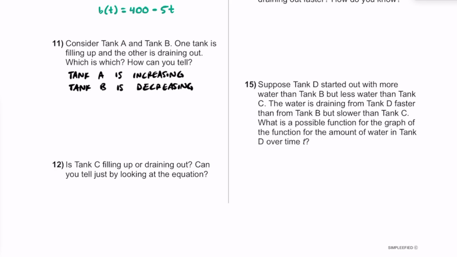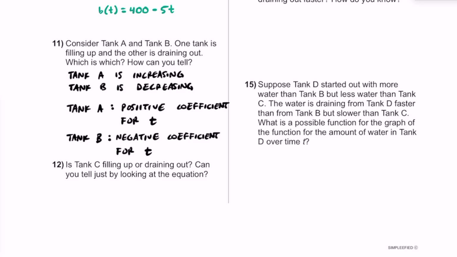In terms of how we can tell, we know that tank A is increasing because it has a positive coefficient for the variable of t. And we know that tank B is decreasing over time because we have a negative coefficient for t.